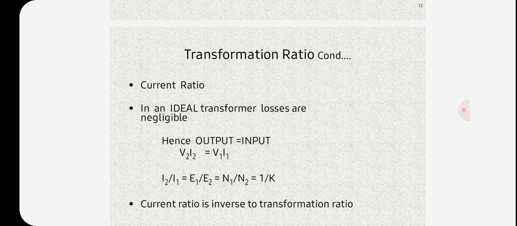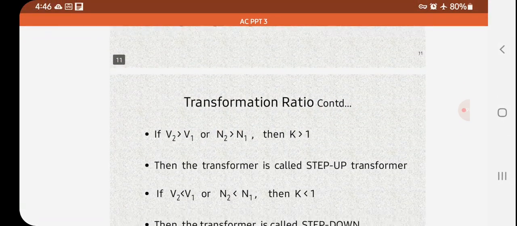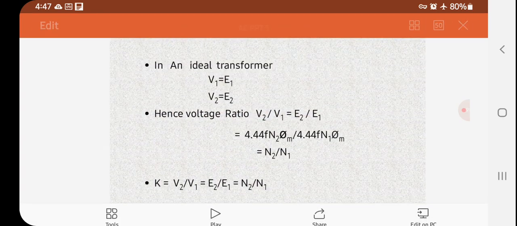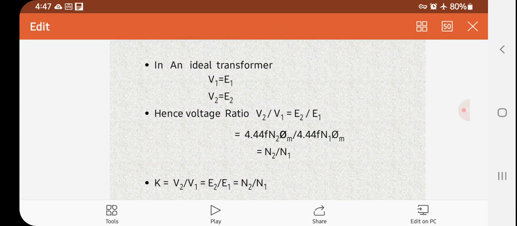Same as the voltage transformation ratio, the ratio of secondary voltage to the primary voltage of the transformer is known as voltage transformation ratio. For an ideal transformer, V1 is equal to E1 and E2 is equal to V2.